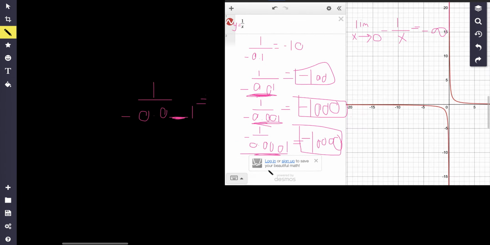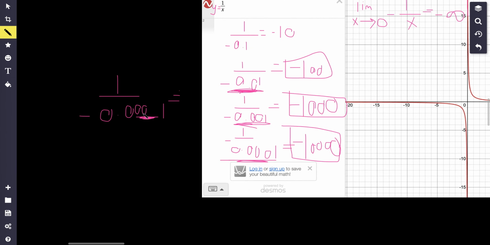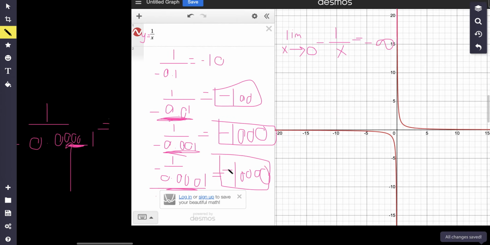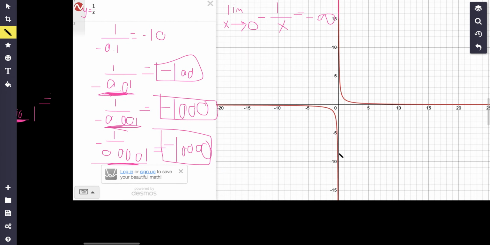And the thing is, I can keep adding zeros. I can add 30 zeros inside here, I can add 40 zeros. There's no limit to the amount of zeros that I can add inside this denominator, which is why this number is going to get infinitely bigger.